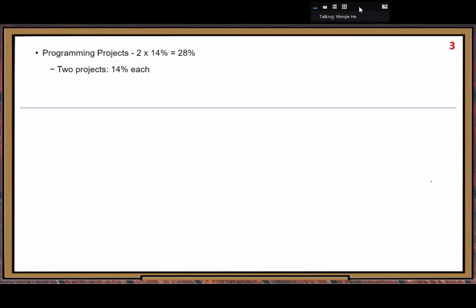Then the project part, 2 programming projects. Because some students may worry a little bit, here I want to help you. Do not get intimidated. This is not a programming course.